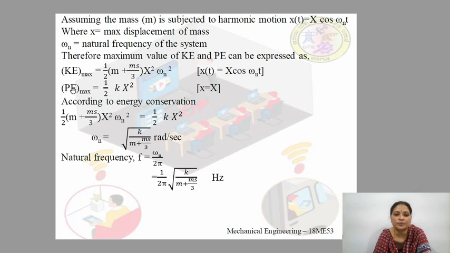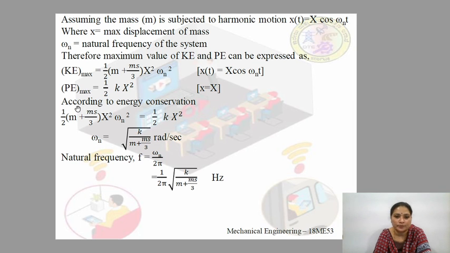The equation for potential energy is equal to 1 by 2 k x square. So here x is taken as capital X. Even small x is represented by capital X here.